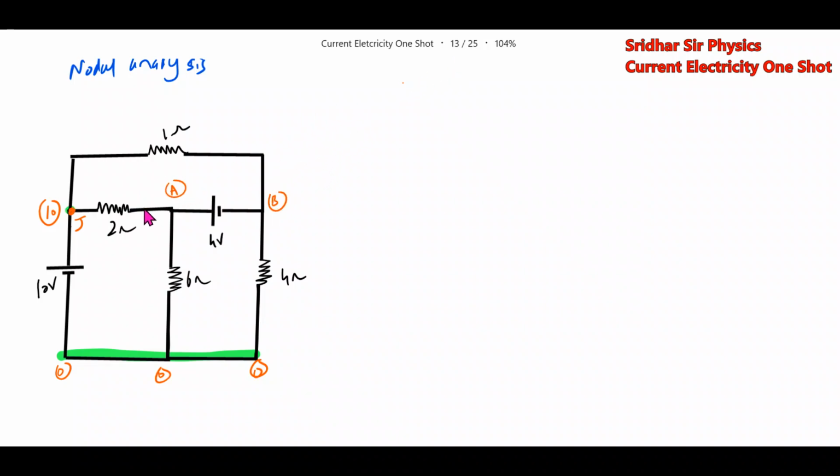Then let the currents here be I1, I2, I3, and let this be I4.